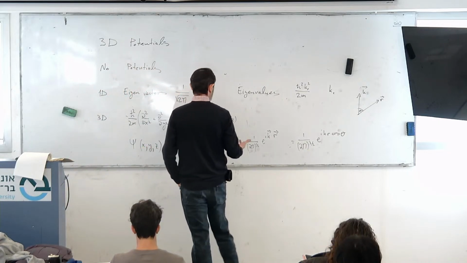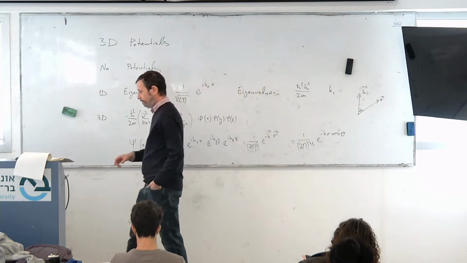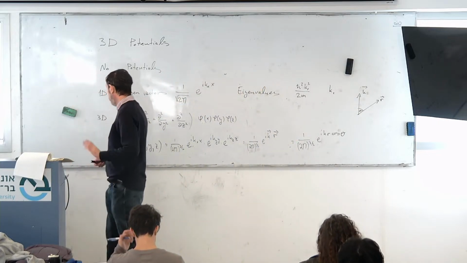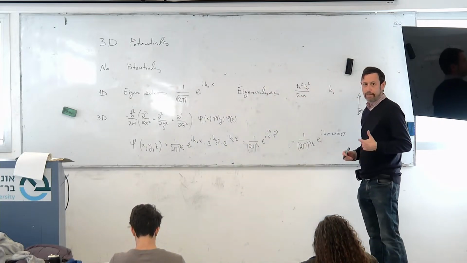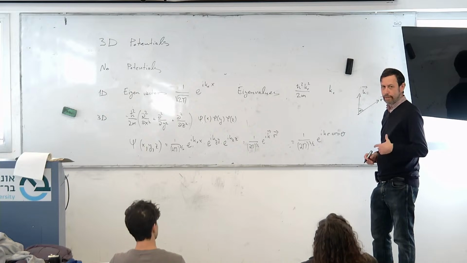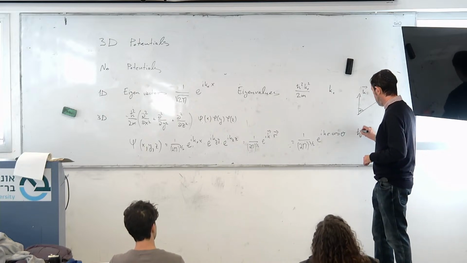So we are experts at no potentials. What is the energy? Okay, no problem. I'll just write it down once because for some reason students have a tendency to mix up stuff here.